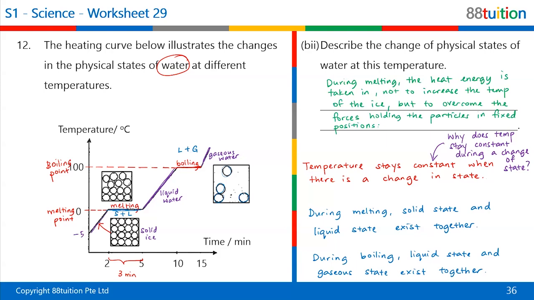So this heat energy taken in does not increase the temperature of the ice. Instead, it is used to overcome the forces holding the particles in fixed position. That's why the temperature stays constant.